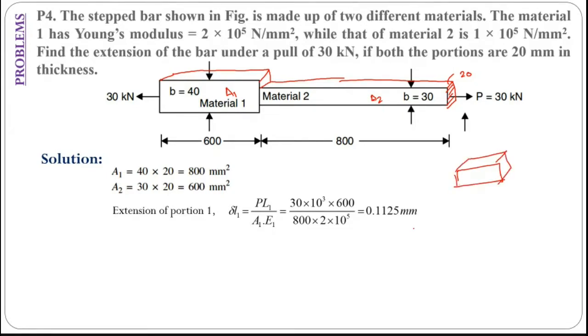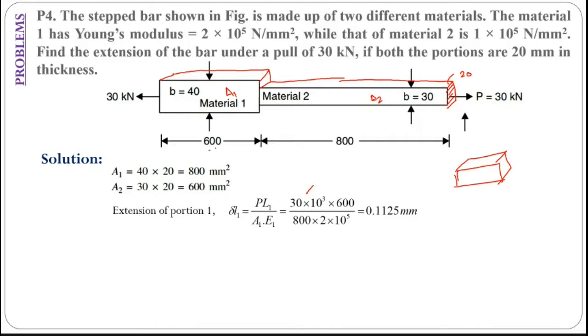You know the change in length formula. Change in length is PL by AE. It's a common formula. Here the variation is L1, A1 and E1. You know all the data. P is 30 into 10 power 3, changing to Newton.